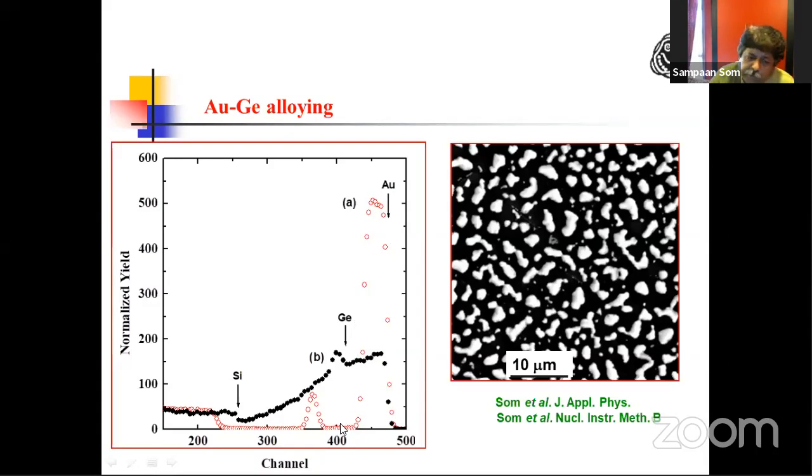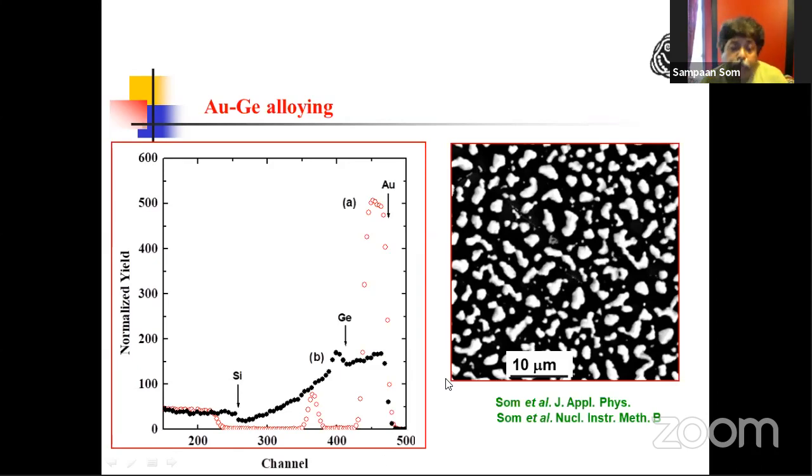Channel is nothing but the energy equivalent, because each channel of the multi-channel analyzer can be designated with a certain amount of energy, which is known as channel width. That means within that energy width, whatever number of particles come and get detected by the detector, they all will appear within that channel.